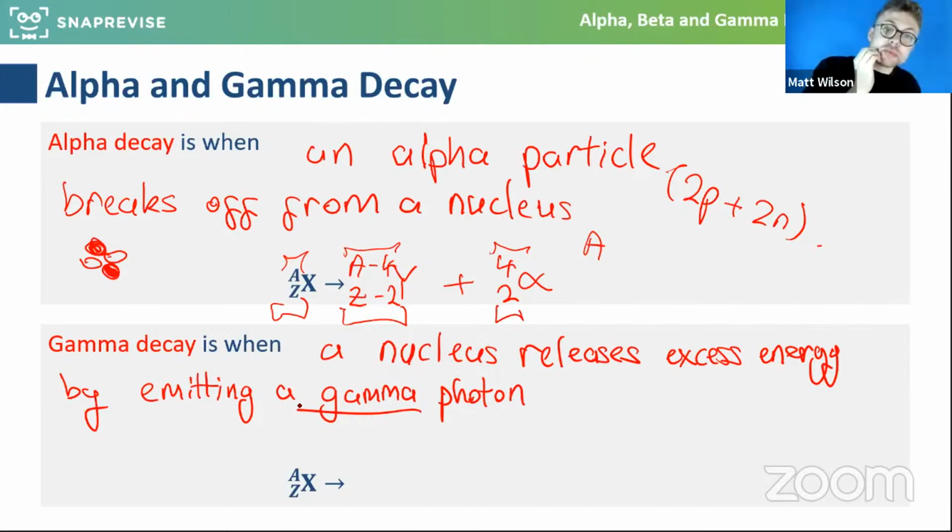And this word gamma here essentially just means really high energy, really high frequency. So it's a really high frequency photon.